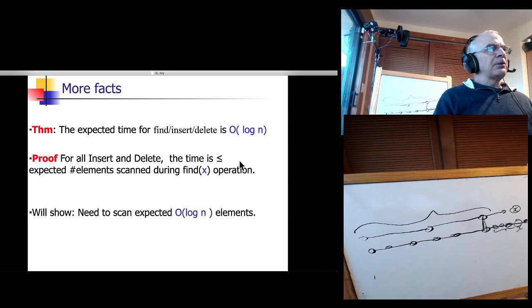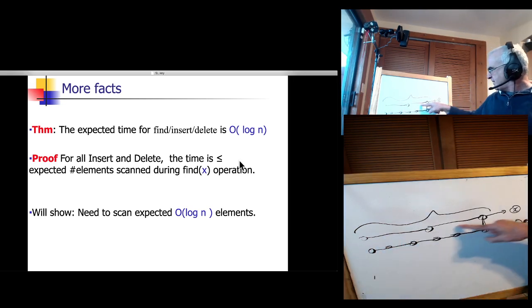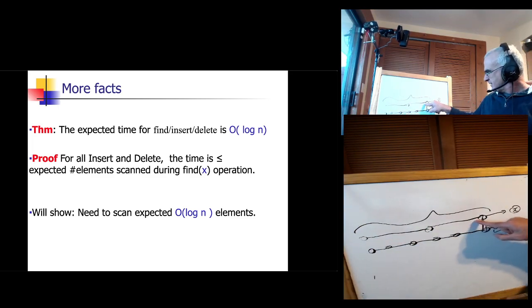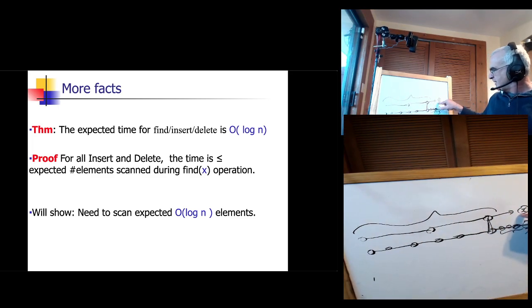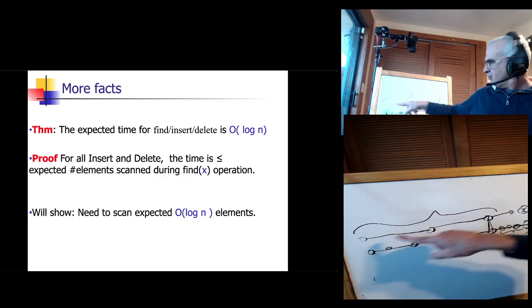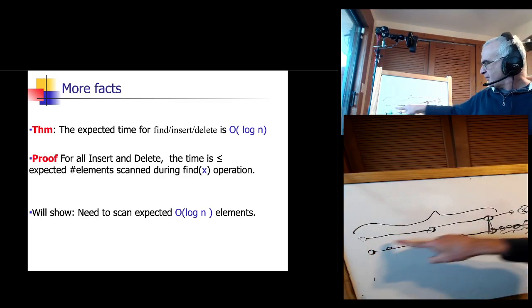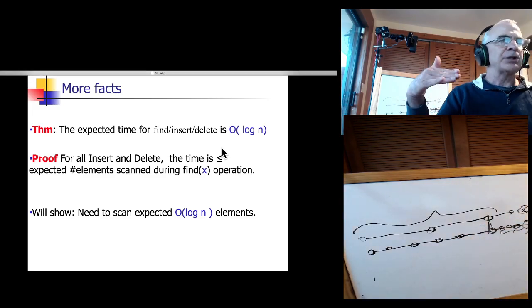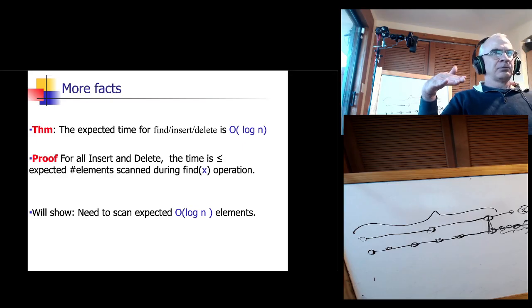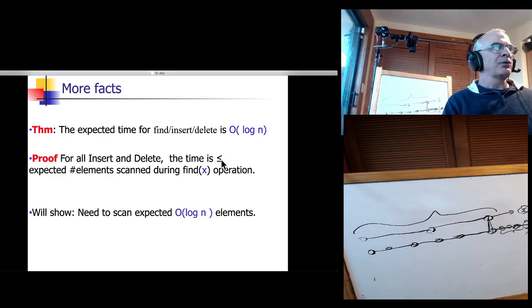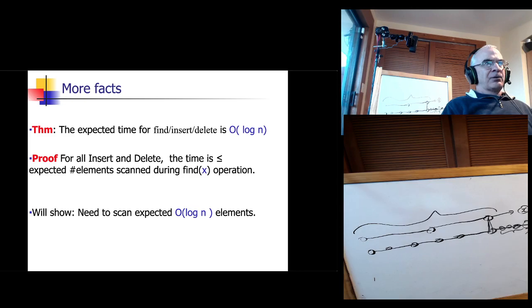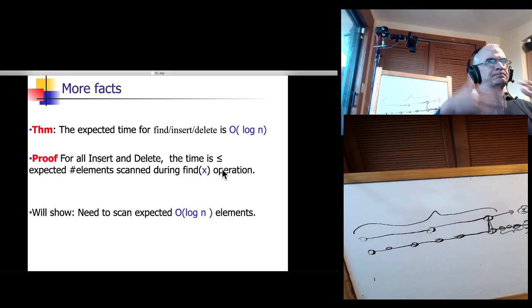So what happened in this level where I'm inserting X? I'm scanning through a few elements, and only then I'm spending a constant time to add X. So the bulk of the work is for the find operation, not for what happens after X is inserted. For each level where I insert X, I'm spending constant time, plus the time to find X, the time to scan this level, and it all depends on both parameters.